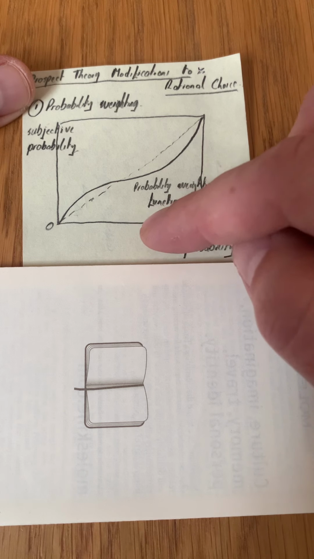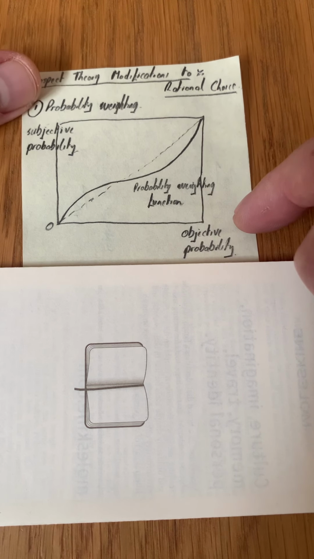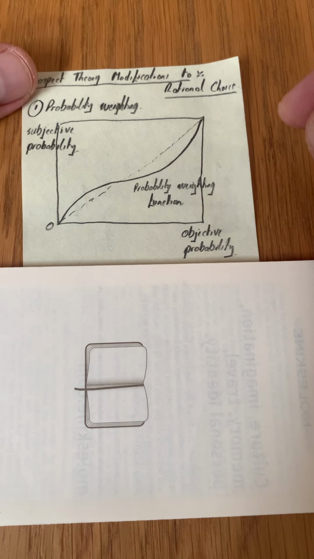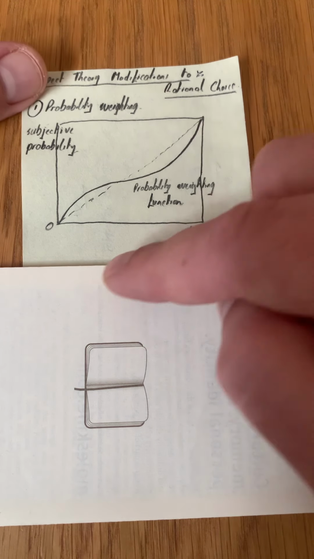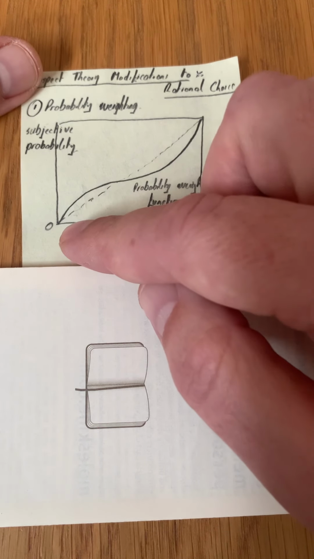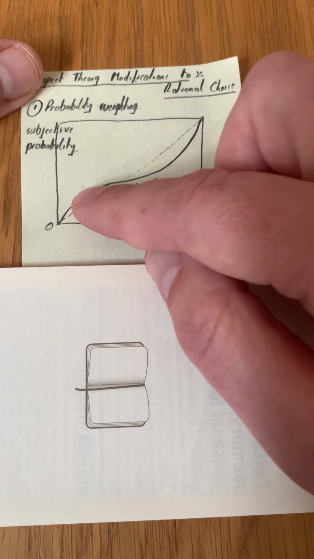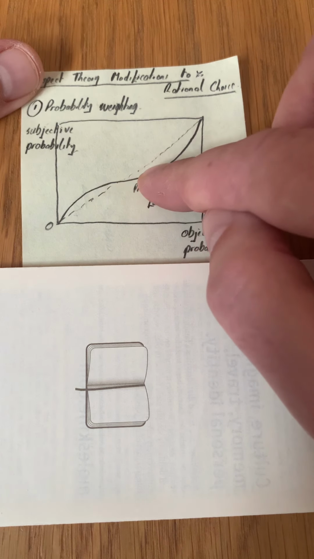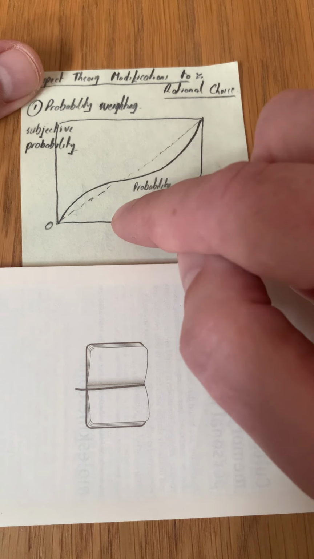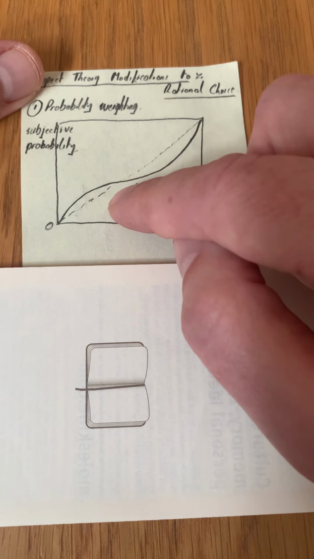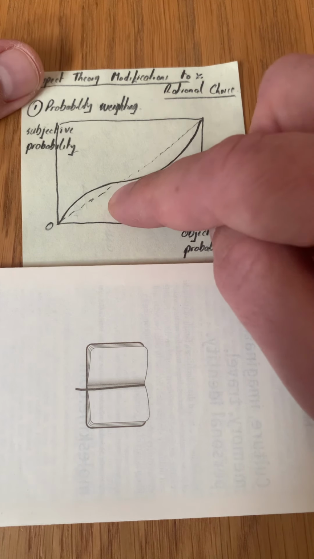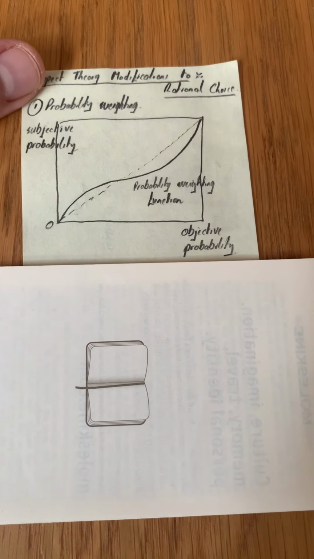So they don't necessarily process, say, a 0.1 probability as a 0.1 probability. They may overweight that probability. So prospect theory says that people will often overweight small probabilities and underweight large probabilities, with what's called an inflection point, where objective probability equals subjective probability, of around 0.4, give or take.